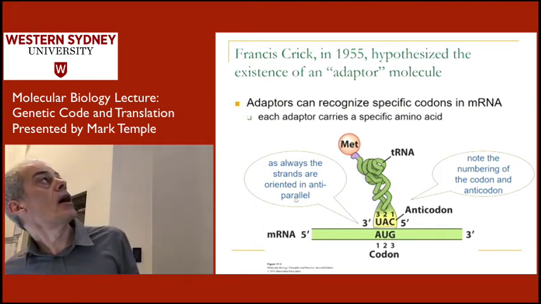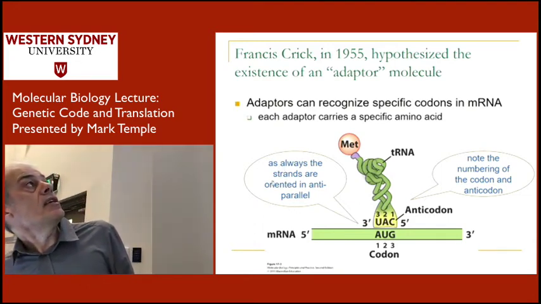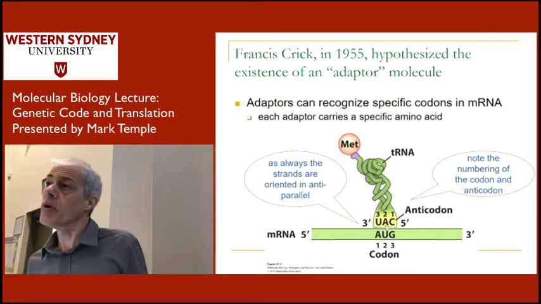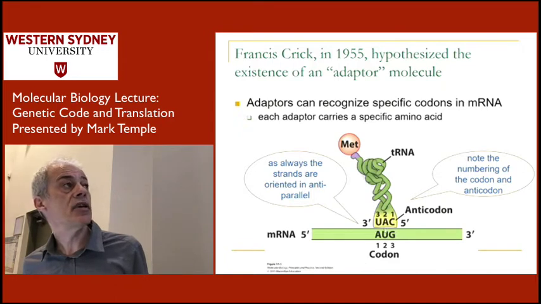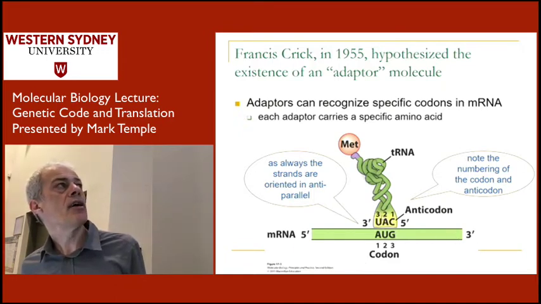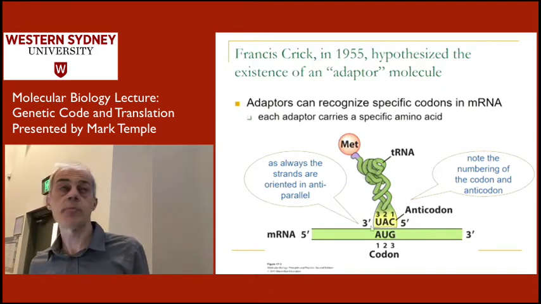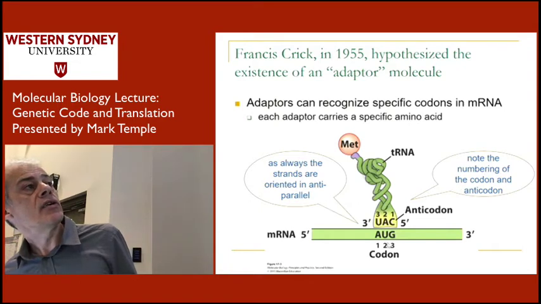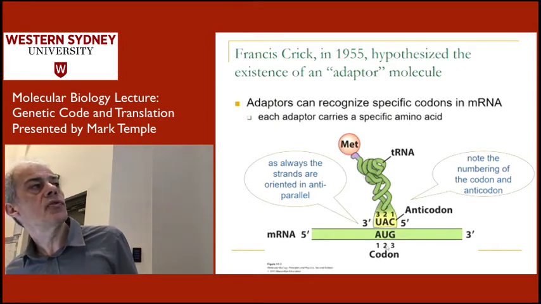So the strands are always oriented anti-parallel. That's always the case for nucleic acids, and it's no different here. You have 5' to 3' messenger RNA, 3' to 5' anticodon base pairing, and the codon is numbered 1, 2, 3 in the 5' to 3' direction.